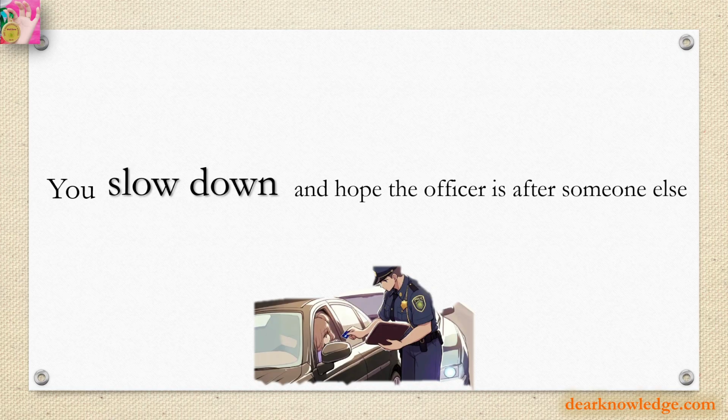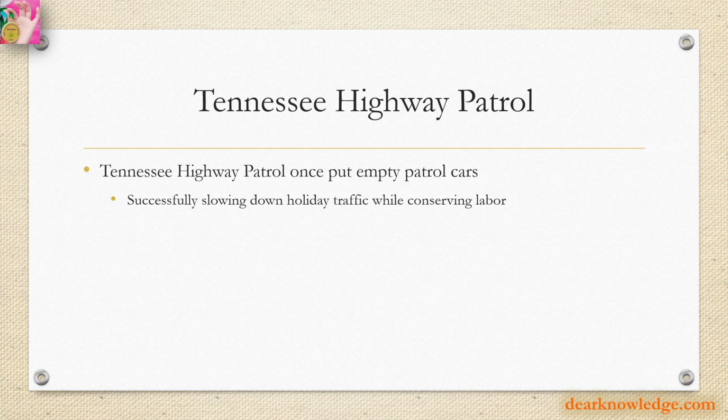People are so well conditioned to respond to the sight of a patrol car by slowing down that the Tennessee Highway Patrol once put empty patrol cars in the rather large medians on the interstates, successfully slowing down holiday traffic while conserving labor. And this is what I was trying to say. This is how operant stimuli control behavior.